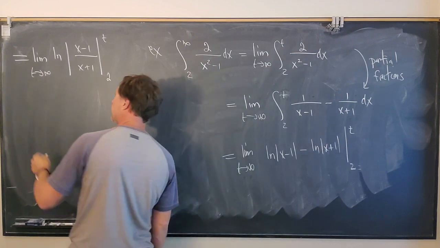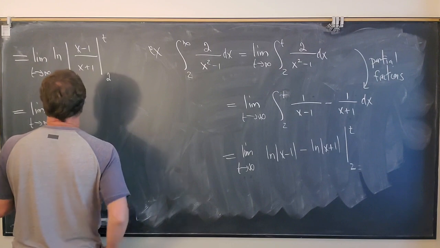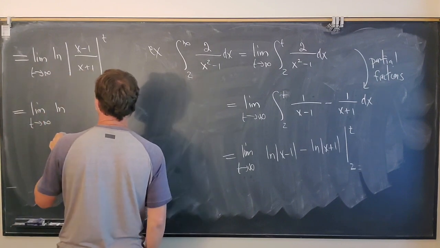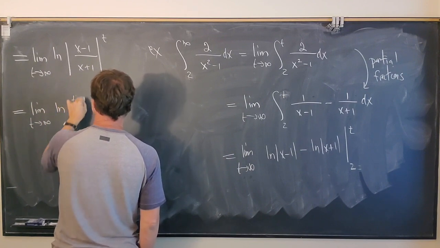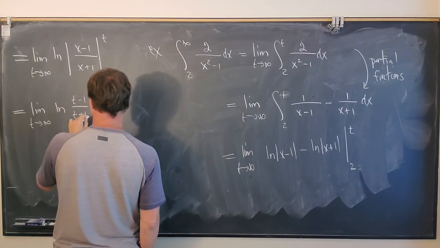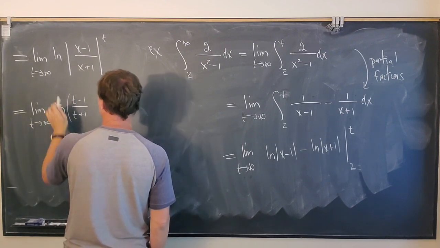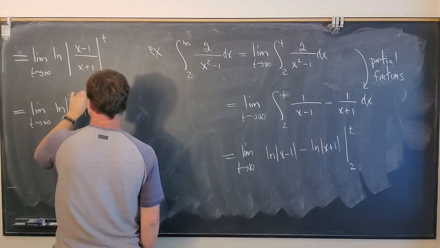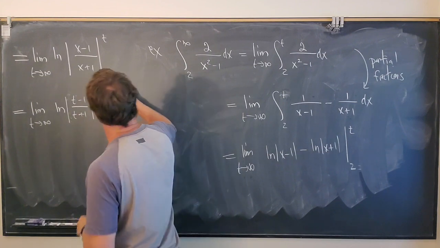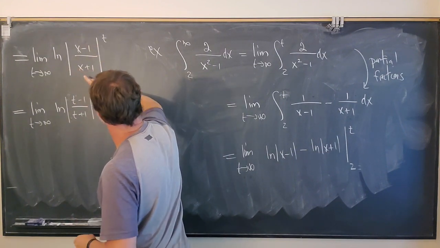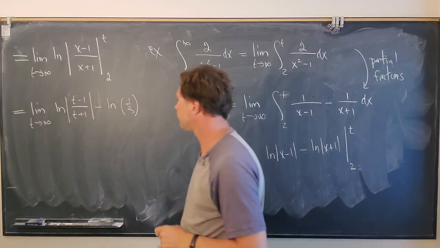Now let's plug in the limits of integration. This becomes the limit as t goes to infinity of natural log of t minus 1 over t plus 1. You can leave absolute values there, I guess. And then we subtract natural log of, when I plug a 2 in here, I'm going to get a 1 in the top and a 3 in the bottom, so natural log of 1/3.